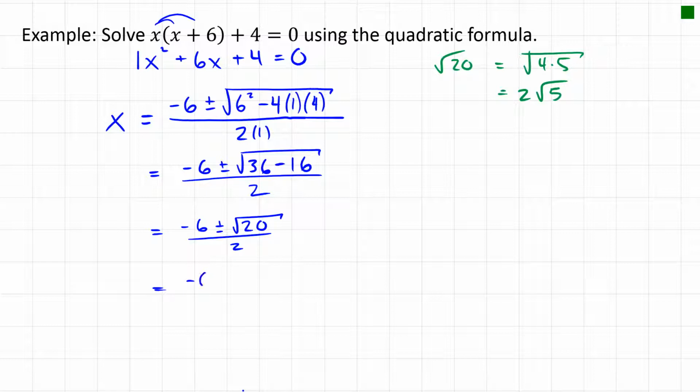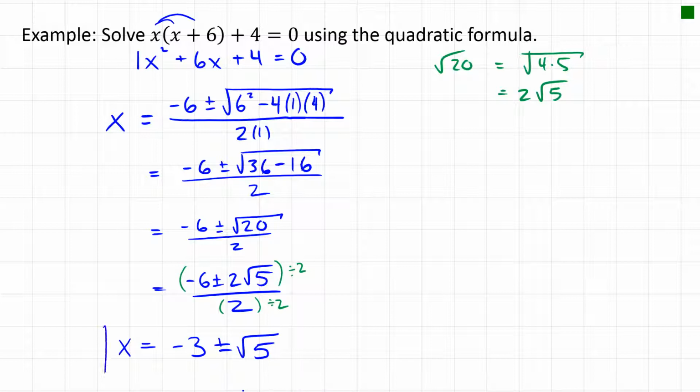So this is negative 6 plus or minus 2 root 5 over 2. And again, we can see that there is a simplification that can happen because all of these can be divided by 2. So I can divide both the top and bottom by 2. So all terms are divided by 2, and I get x equals negative 6 divided by 2 is negative 3 plus or minus the square root of 5. And 2 divided by 2 is obviously 1, which I don't have to write.